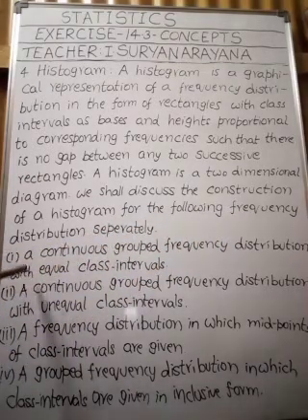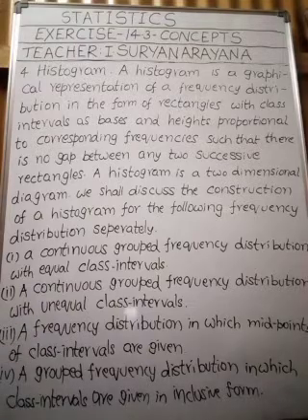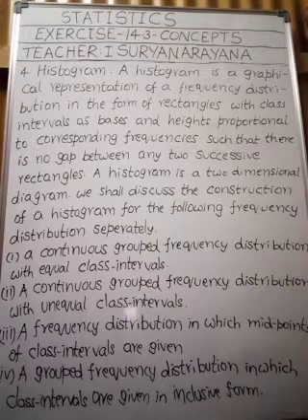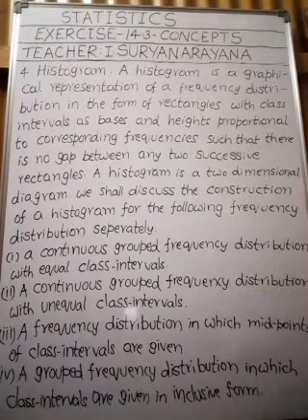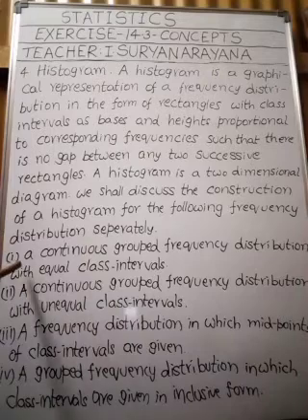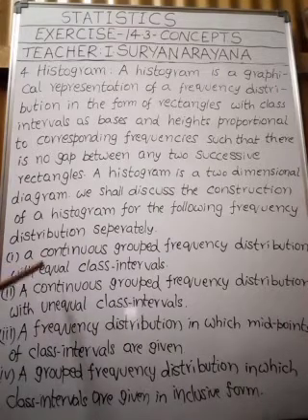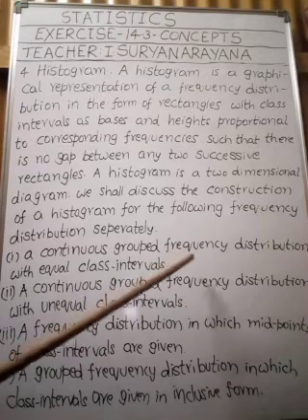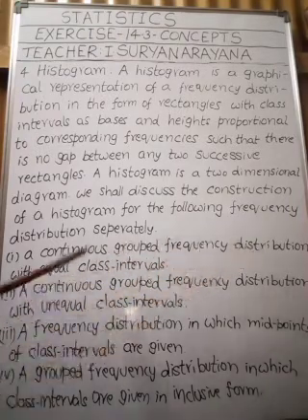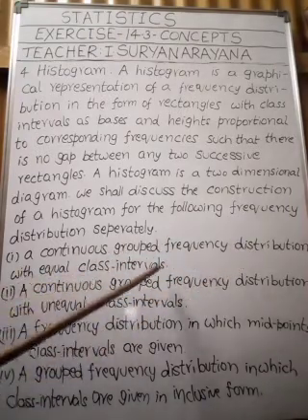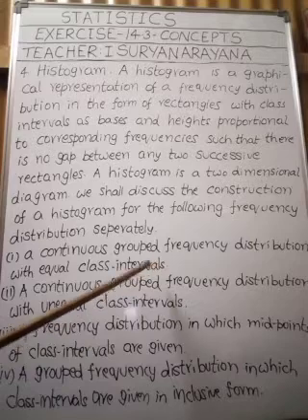Here 4 types of frequency distribution will be given. For each and every type of frequency distribution table, we have to draw a histogram. First type of frequency distribution table, a continuous grouped frequency distribution with equal class intervals. Okay, my children, this is the first type.